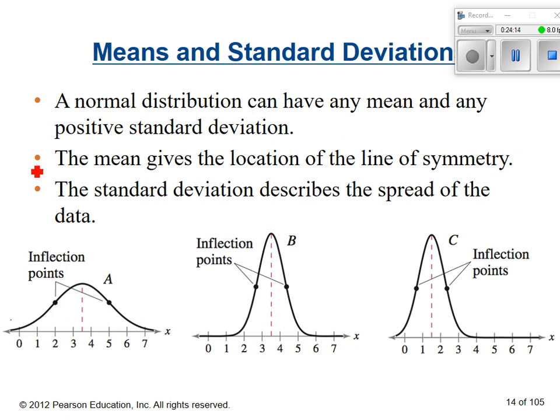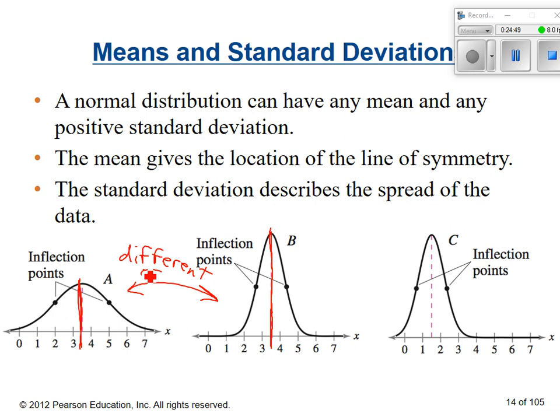I believe the next few slides talk about this also. If you look here, we can find the mean. The mean of this first one looks like it's about 3.5. The mean of this one looks like it's also about 3.5. So those two have the same means, but what changes on these two is they must have different standard deviations, different sigmas.